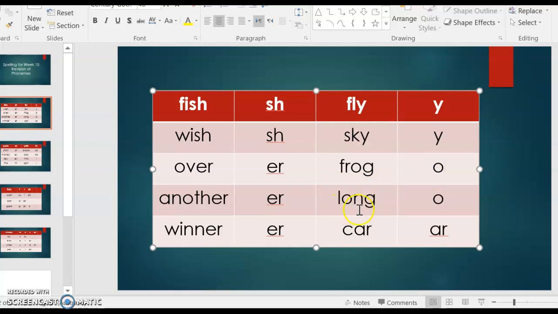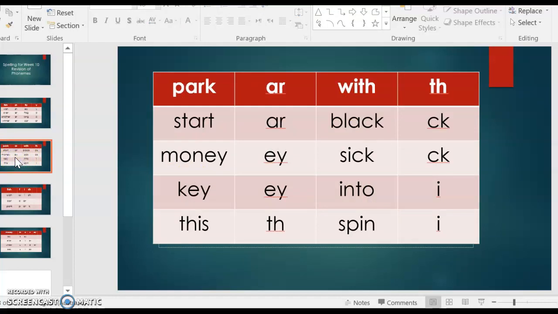And then we've got long, long. And then we've got car, k-a. So where's the diagram for this one gone? I was telling you at breakfast, so there we are. All right. Now we've got some different words, like I said.